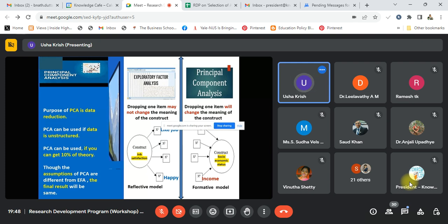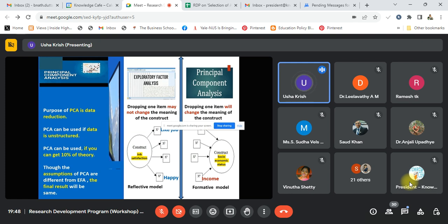That is, if I remove income, then my construct becomes socio status but not socio-economic status. That is the speciality of the formative model. So in the formative model, we identify the items first. Based on the items, we try to define the construct.